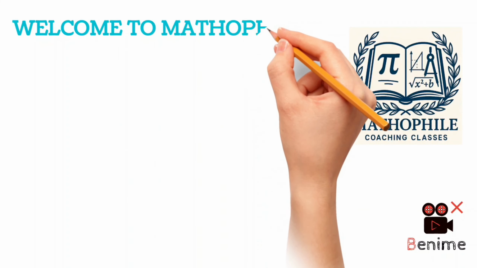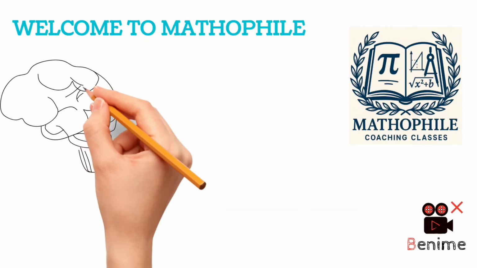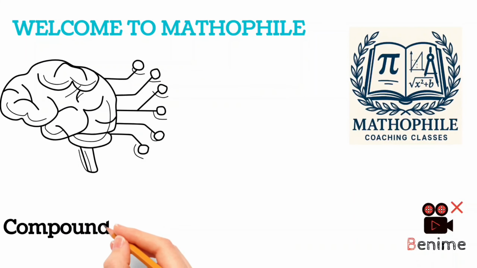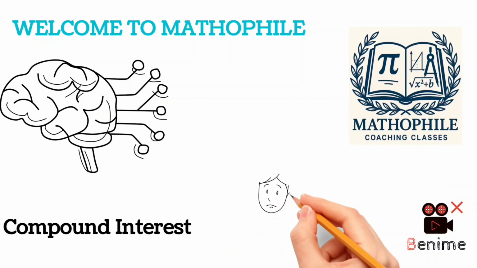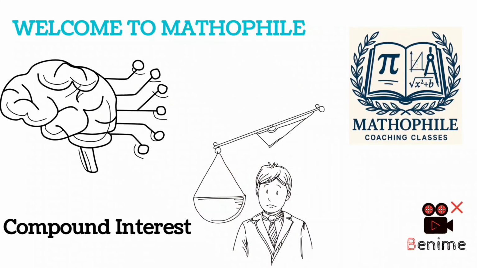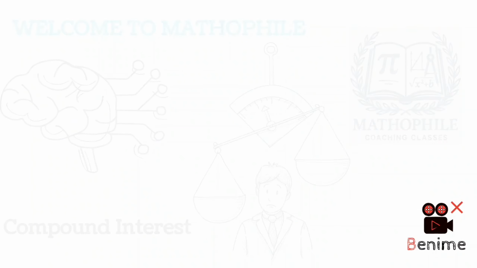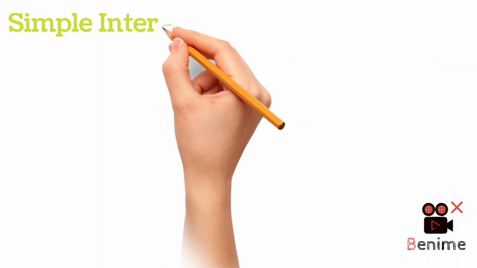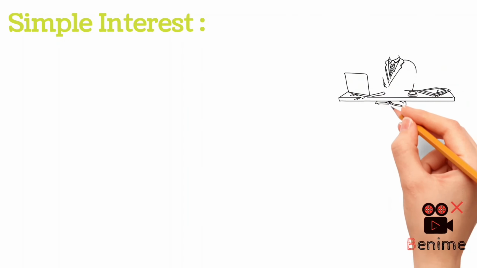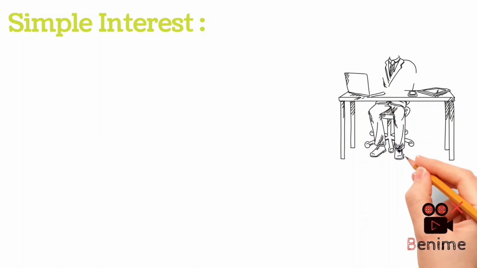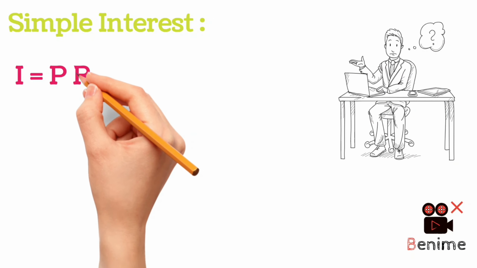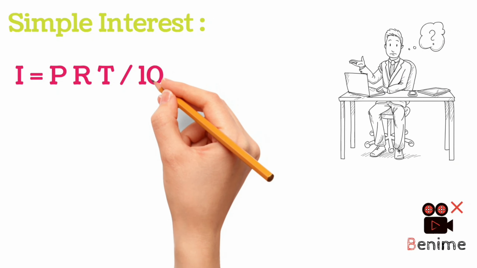So today my topic is compound interest. Before discussing compound interest, I will discuss simple interest. What is the formula of simple interest? All of you know that the formula of simple interest is given by I equals PRT by 100.